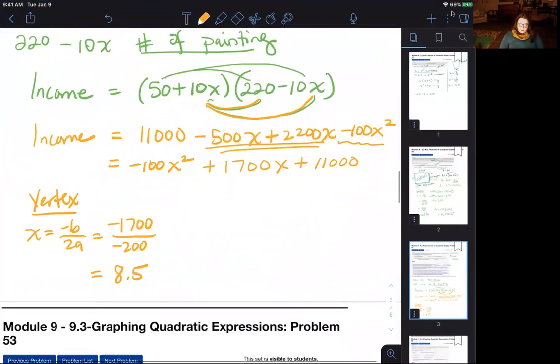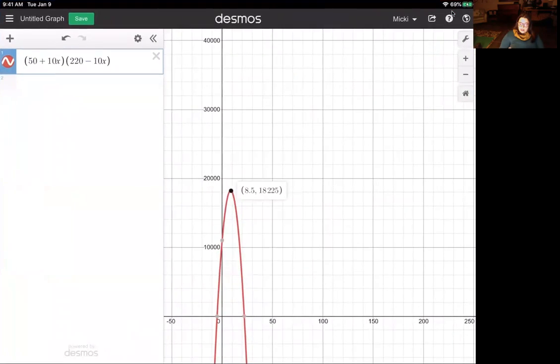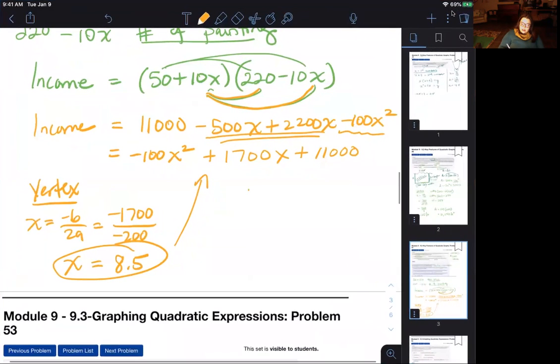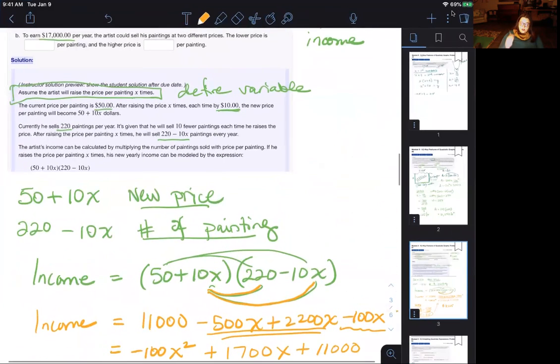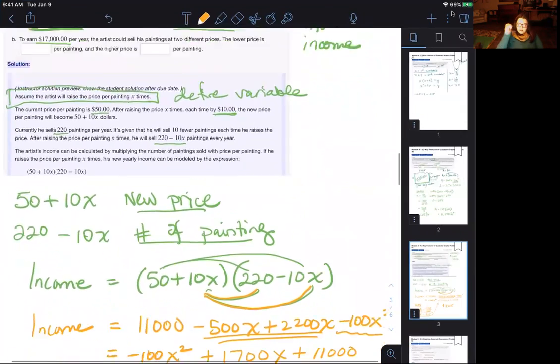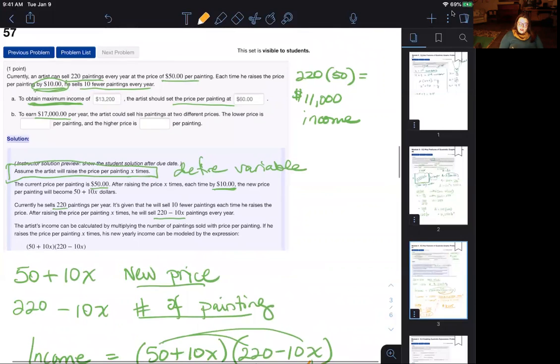So I got the 8.5, and if I take x equals 8.5 and plug it back in to find my income, then I should get that answer, the 18,225. So that's the maximum income they can earn. 18,225 is the vertex.